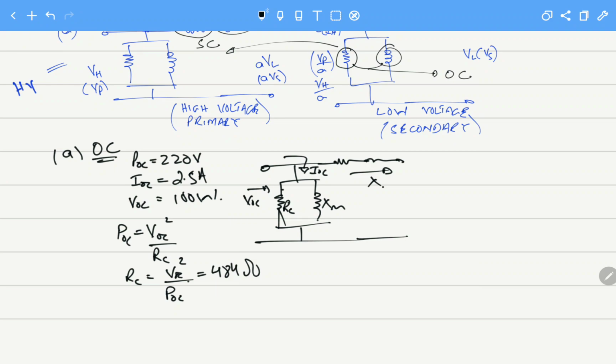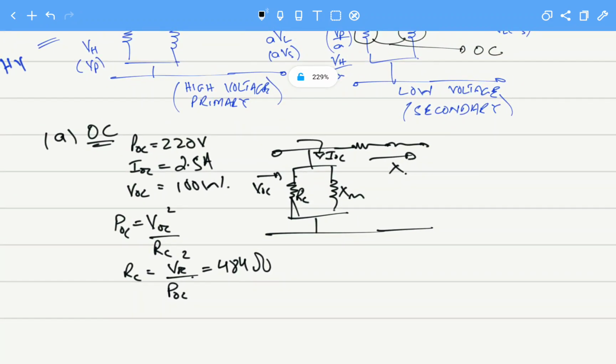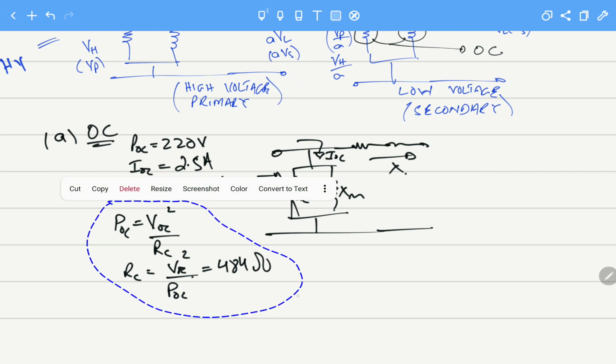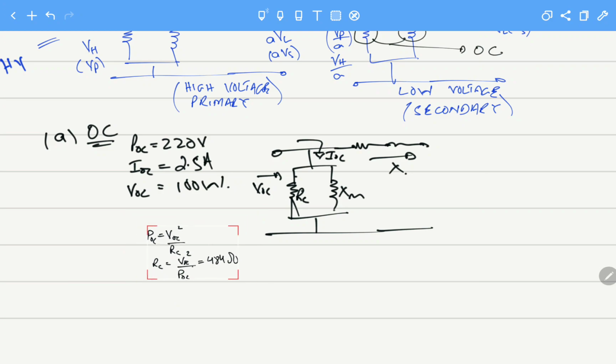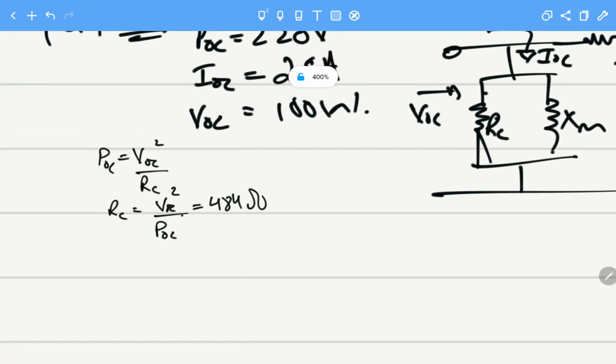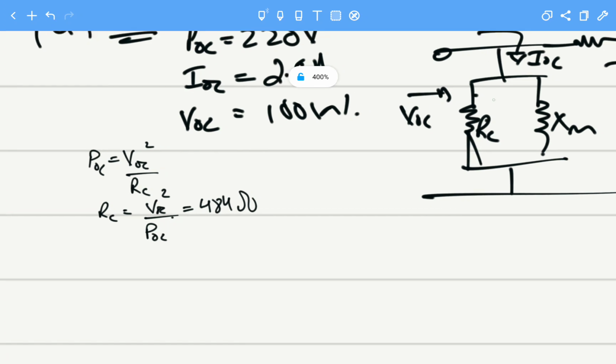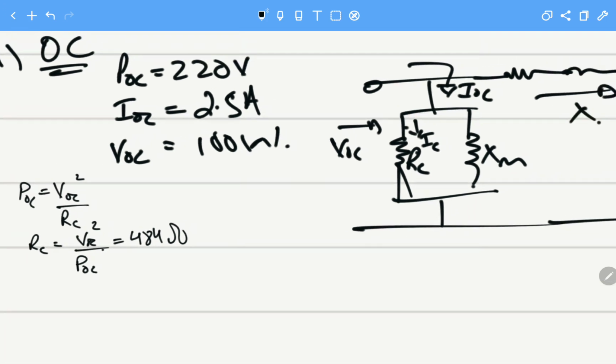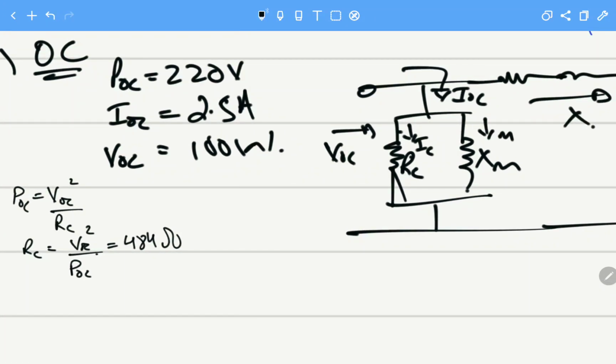Now to calculate IC, the current flowing through this, the current IOC is dividing into IC and IM.